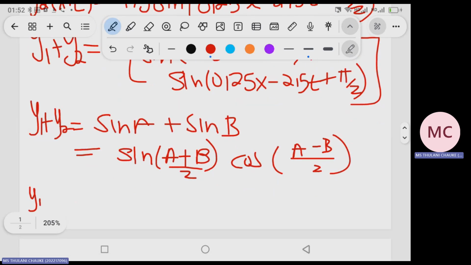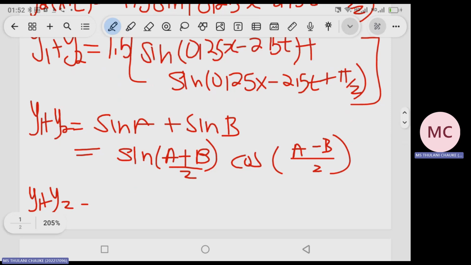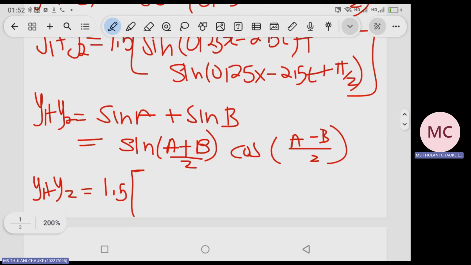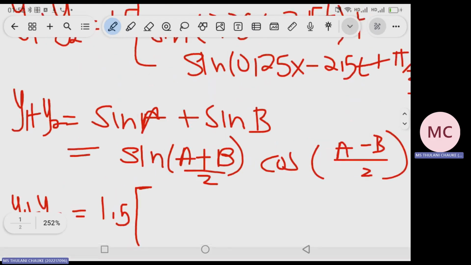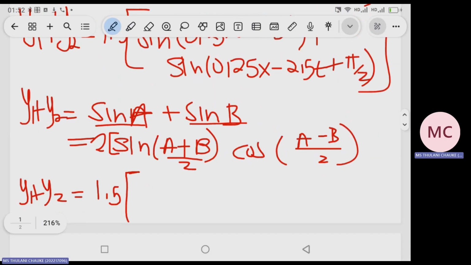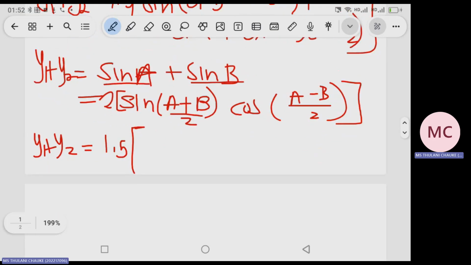So therefore, y1 plus y2 will be equal to 1.5, and then we're going to have 2 times whatsoever is inside there. So we're going to say 2 times this amplitude.